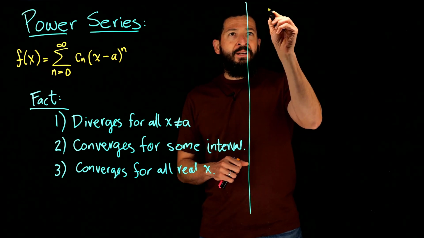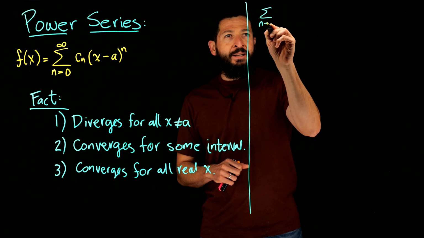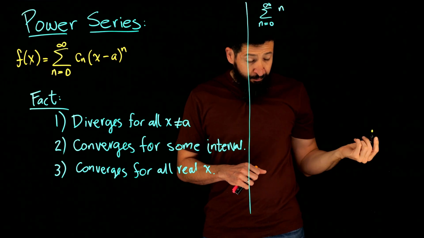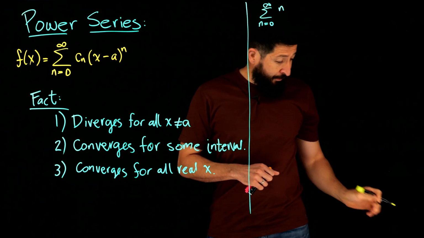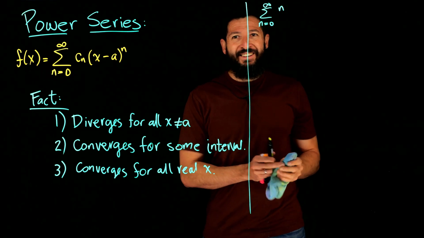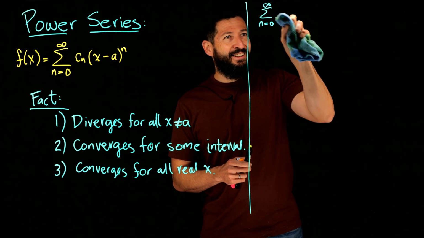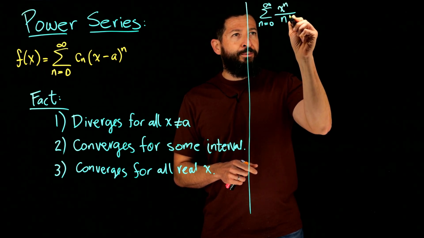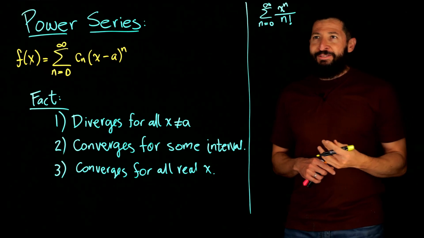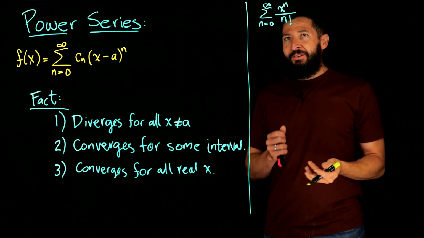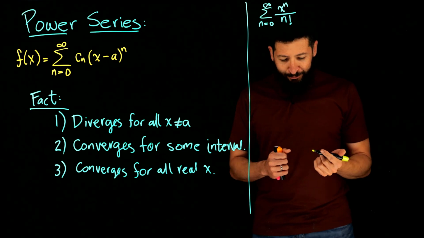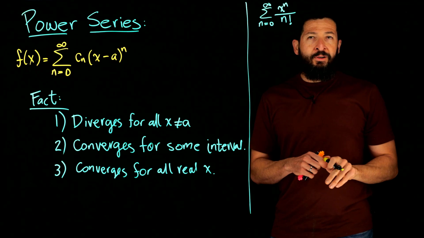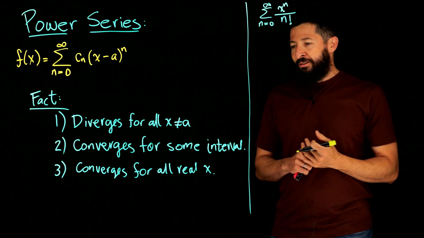For example, let's do the sum from n equals 0 to infinity of x to the n over n factorial. This is actually a very famous function. It's going to be e to the x, but you don't know that yet, supposedly. So let's try to find the radius of convergence and on what interval this converges.